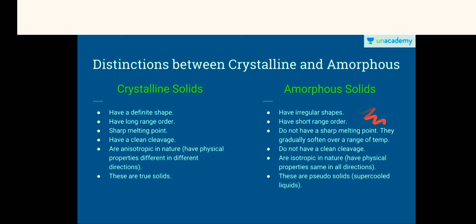Then crystalline solids are anisotropic in nature, which we have just discussed, and amorphous solids are isotropic in nature, right? Crystalline solids are true solids, whereas amorphous solids, as we just discussed, are pseudo solids.